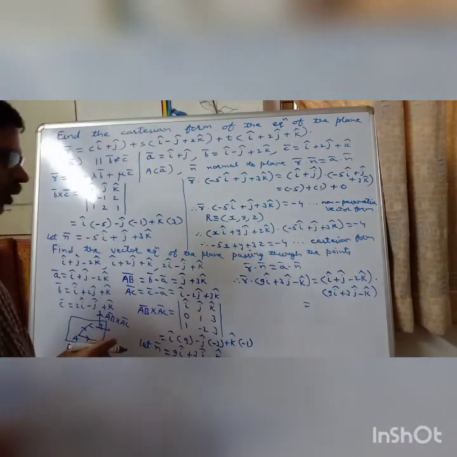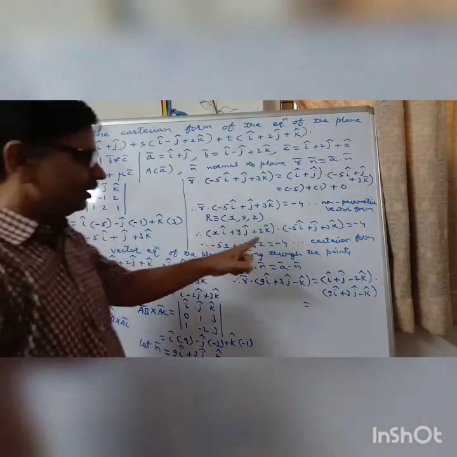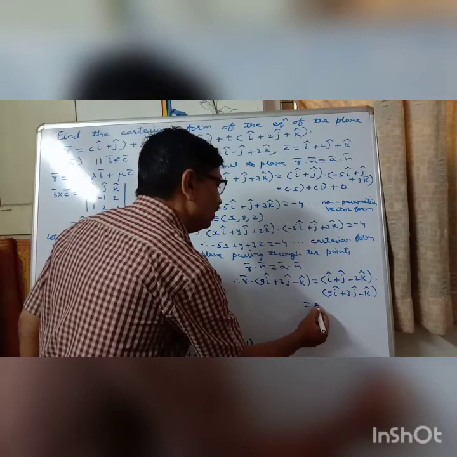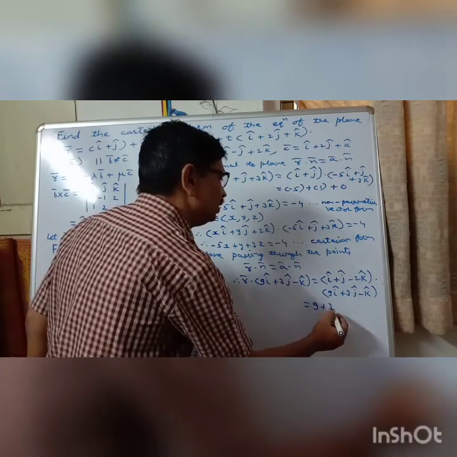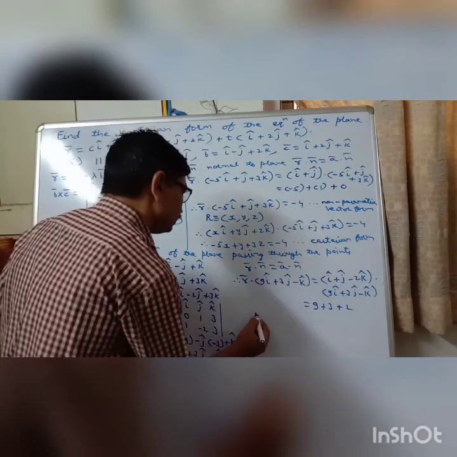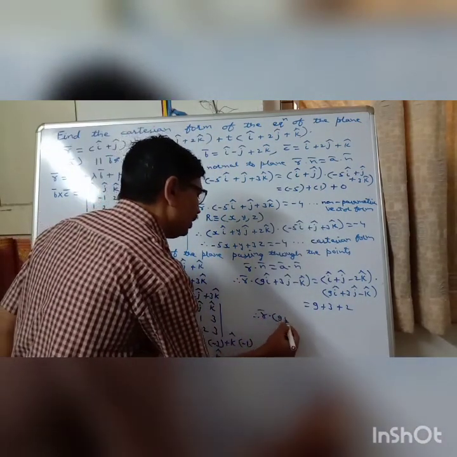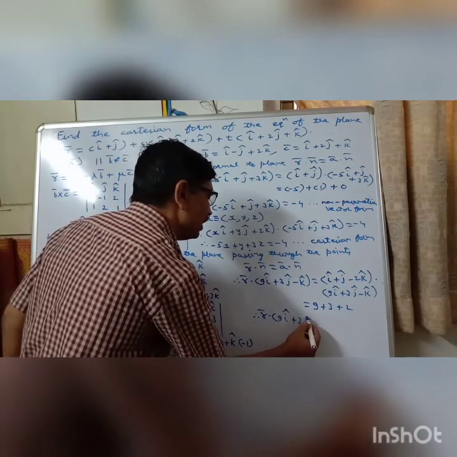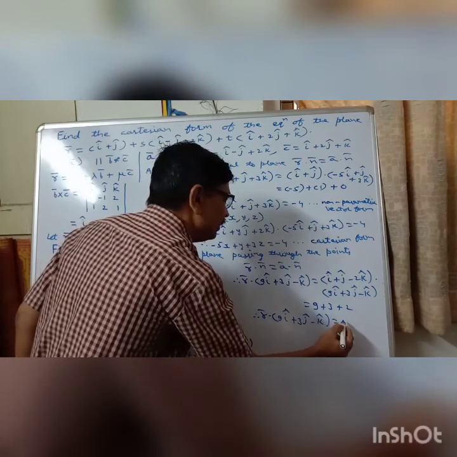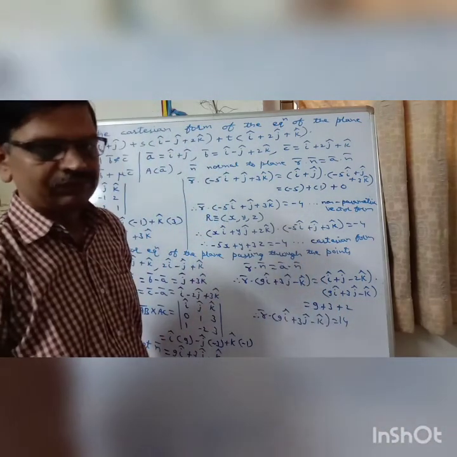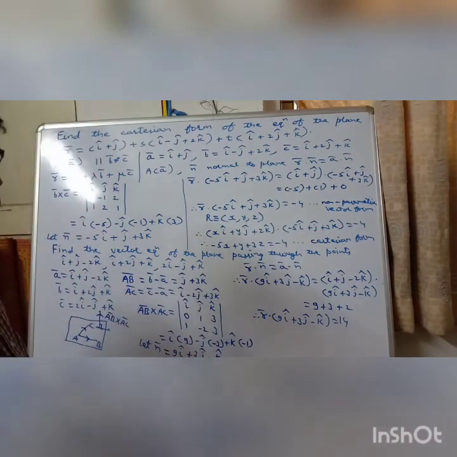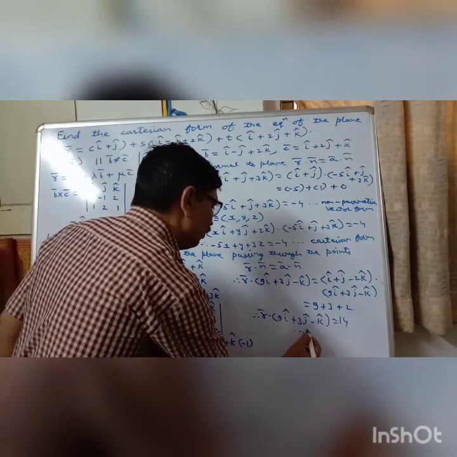Find the dot product of two vectors on the right hand side. Sum of product of coefficients of ijk. 1 into 9 plus 1 into 3 minus 2 into minus 1 plus. R bar dot in bracket 9 I cap plus 3 j cap minus k cap equal to 14. So this is the equation of the plane which is in vector form.